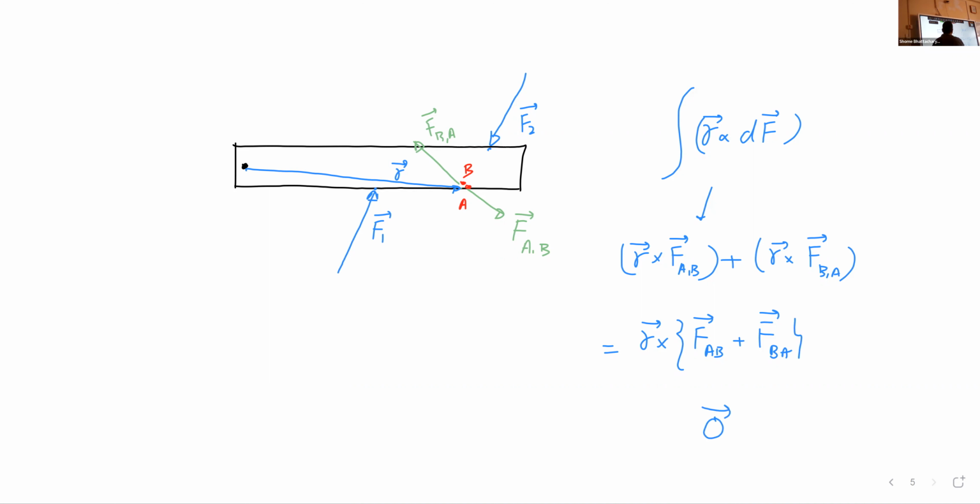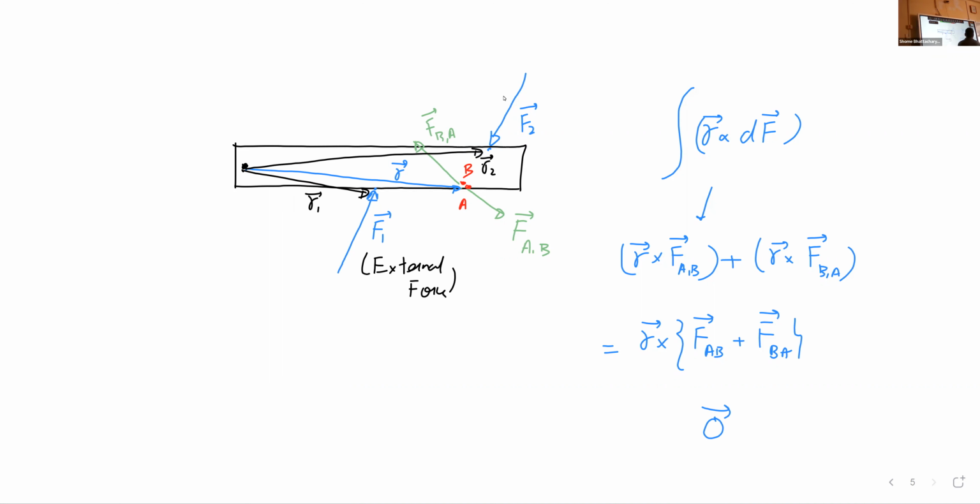Whereas the other two are contributing something, because the reaction to this particular force is not acting within the body, it's acting outside the body. So this is an external force. This one is also an external force. The point of application of this is at position vector R2 with respect to this axis.